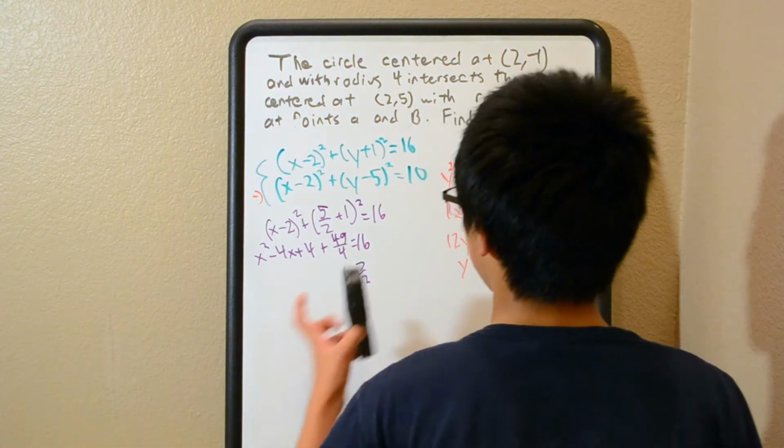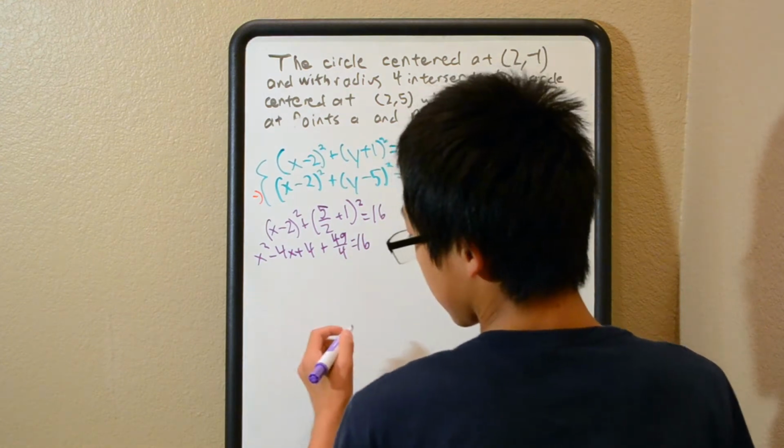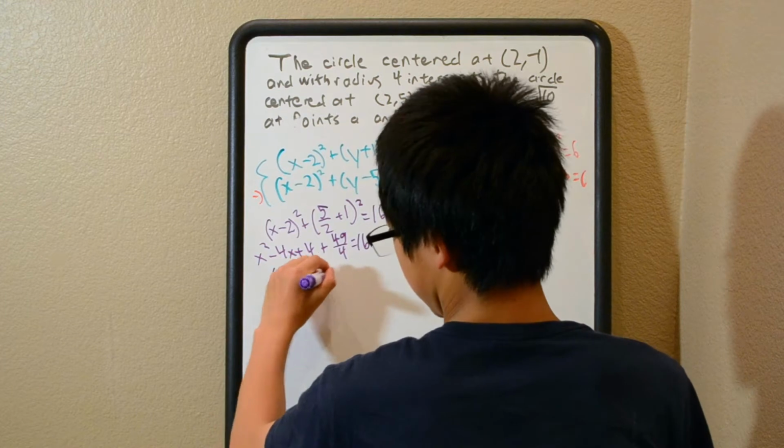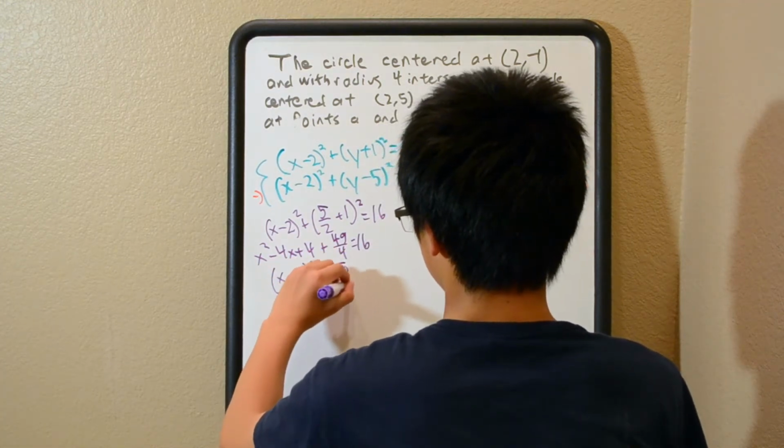And then once you simplify that, we would actually get (x - 2)² equal to 15/4.